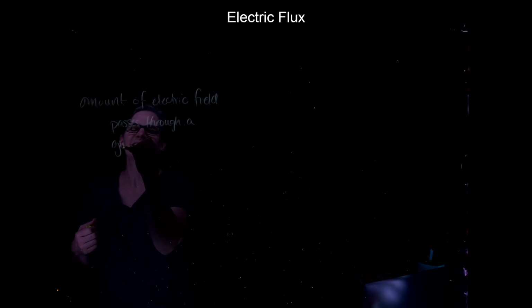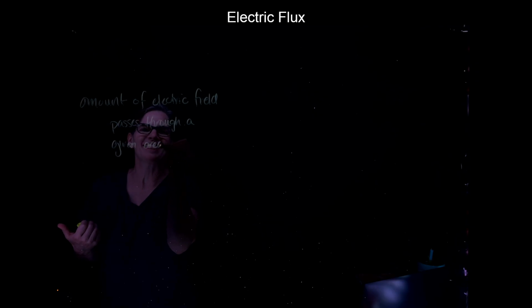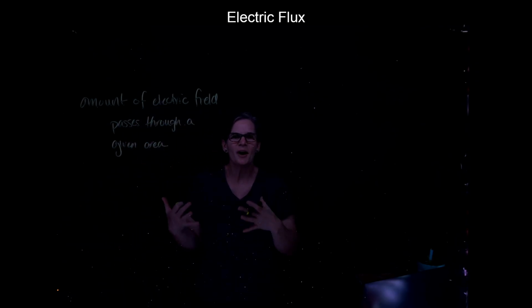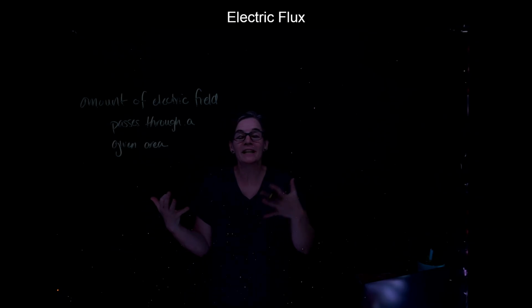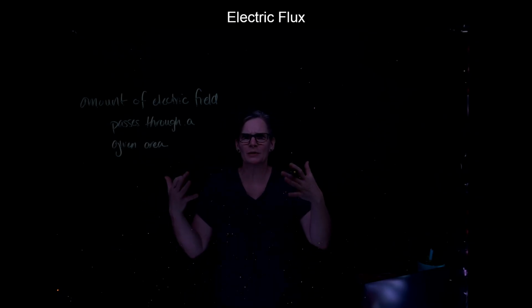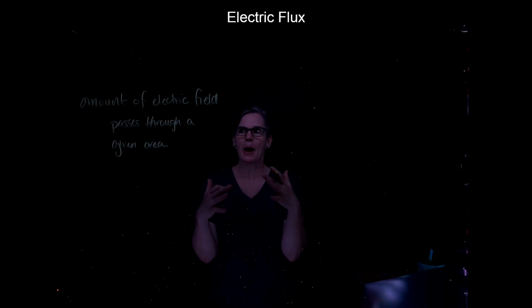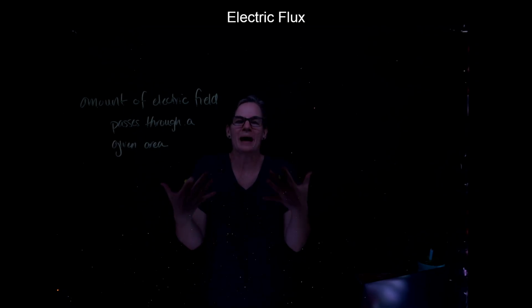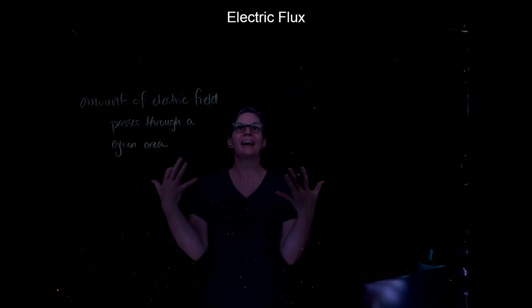All right. Now, you might think, okay, wait a second. How that electric field is oriented relative to how the area is oriented might influence the amount of electric field that passes through. And you'd be right.